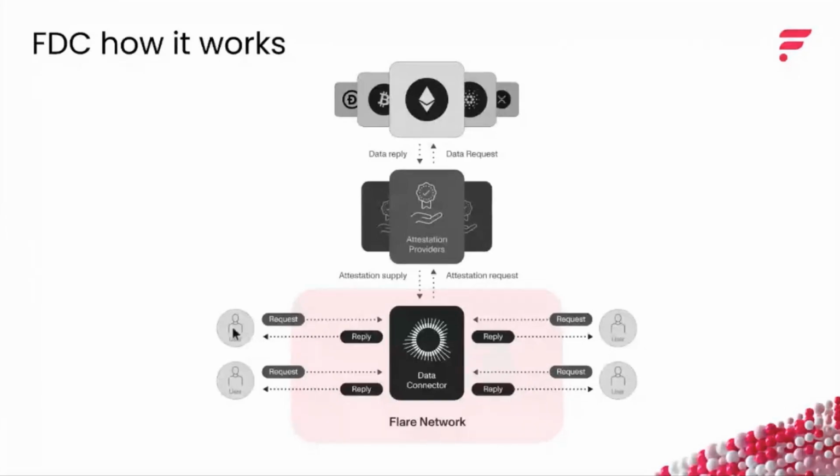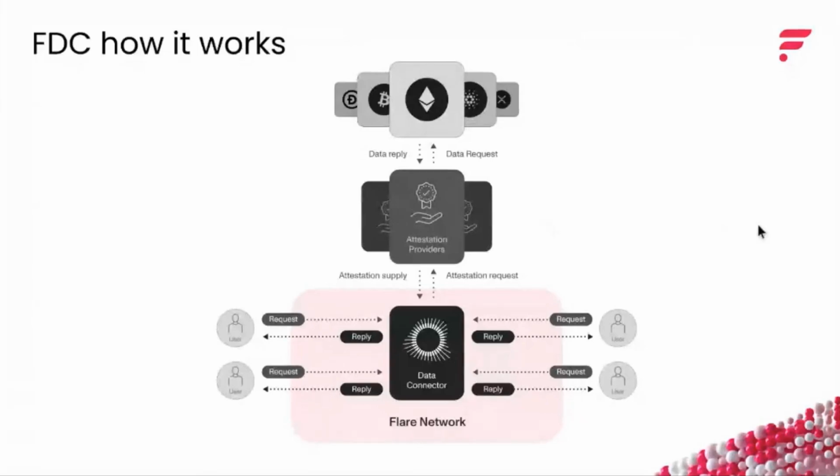If you follow the users on the side, they're requesting information from the data connector. The data connector goes out and makes an attestation request, and the attestation providers provide that. The attestation providers are the ones getting this information from the other blockchain networks. As you can see, Ethereum, Bitcoin, Doge, XRP are example blockchains that we can pull data from.